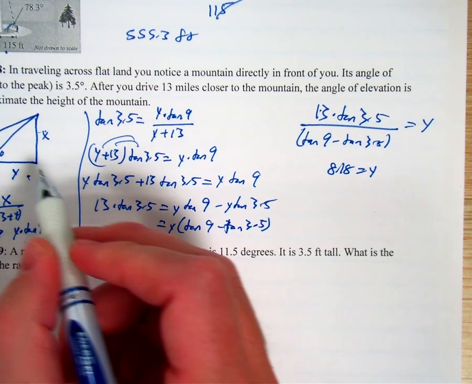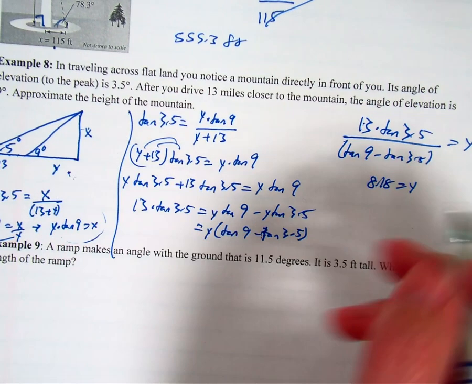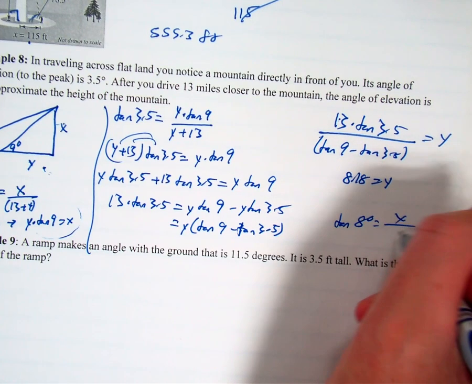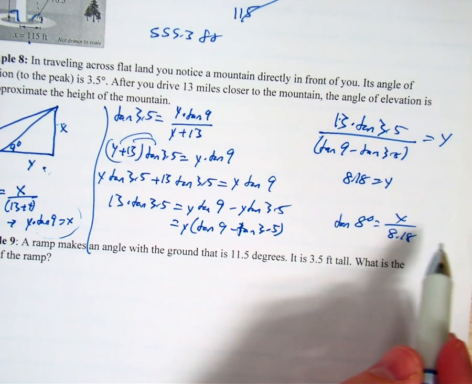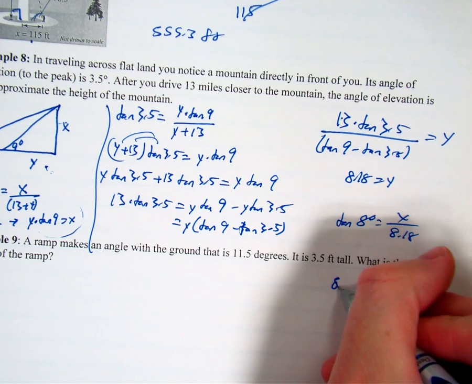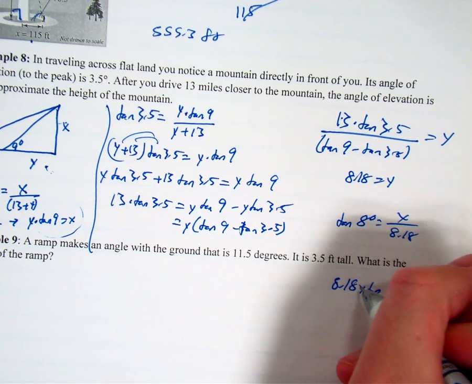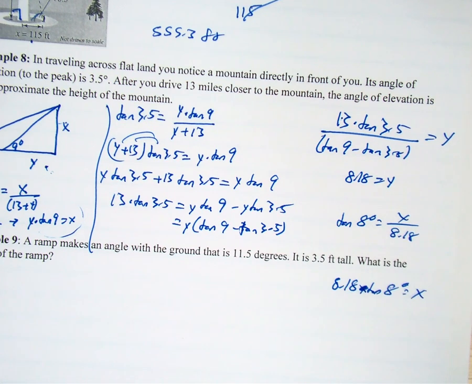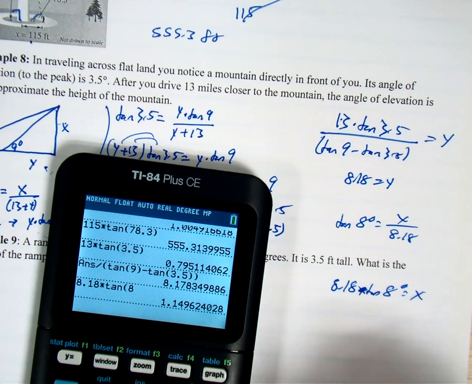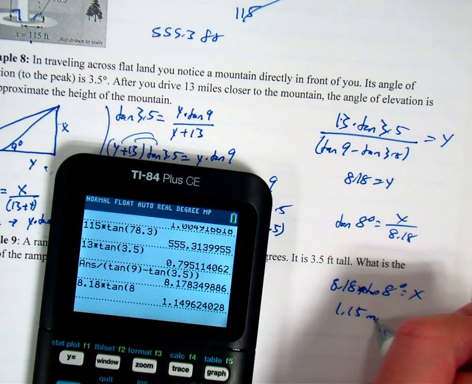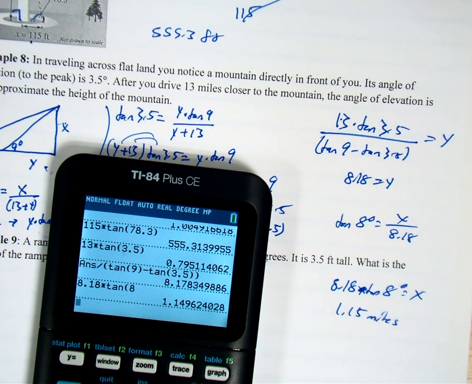So now that is 8.18 over here, and now I can use that. Tangent of 8 degrees equals x over 8.18. 8.18 times tangent of 8 is 1.15 miles.